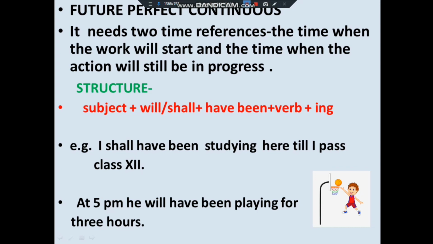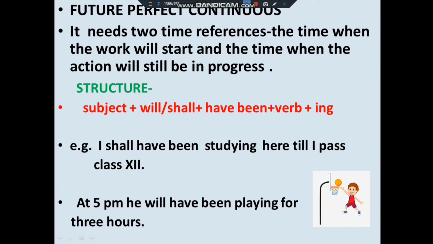So what we studied today in this video of perfect continuous tenses, let us recapitulate. First thing, what is important in these perfect continuous tenses? We need two time references: when the action has been started, and then the second time, a certain point of time, or in the present continuous tenses the present time when the action will continue or will go on.